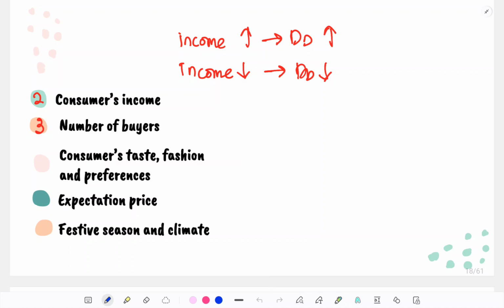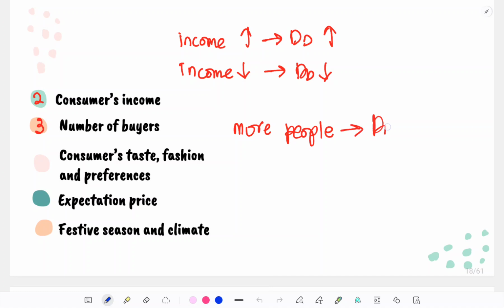When there is a concert, more people go to the concert. So more food stalls, more Grab car demand, more drink stalls will be there. So the demand for Grab car, demand for food, demand for drinks will increase.